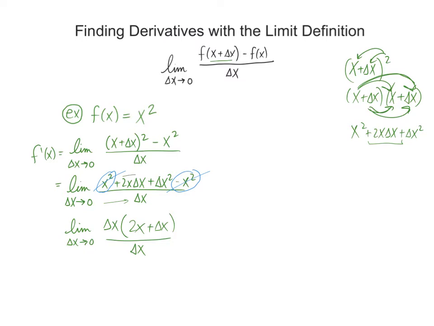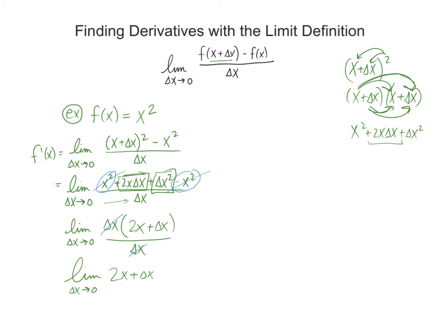All right, this term here, if I take away delta x, I'm left with 2x. This term here, I take away one of those two delta x's, I'm left with another one. And the good thing that happens now is these two delta x can cancel, and I'm left taking the limit as delta x goes to 0 of 2x plus delta x.